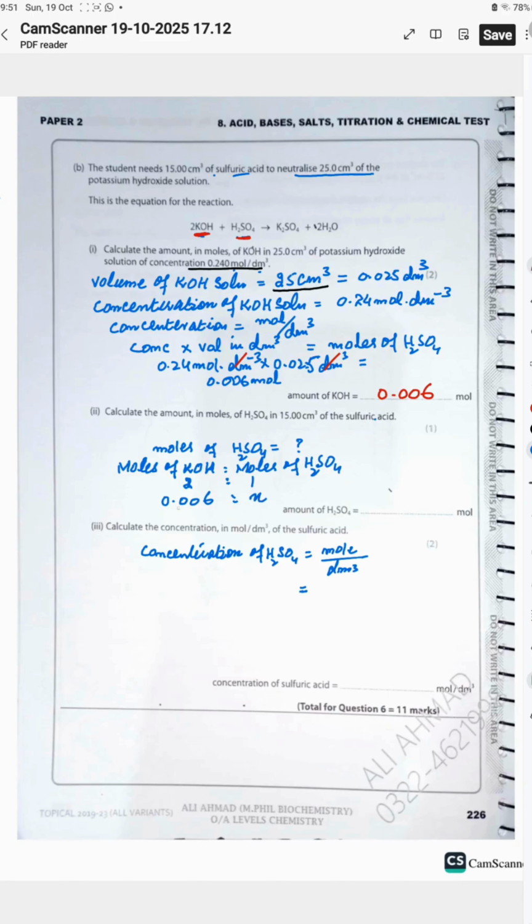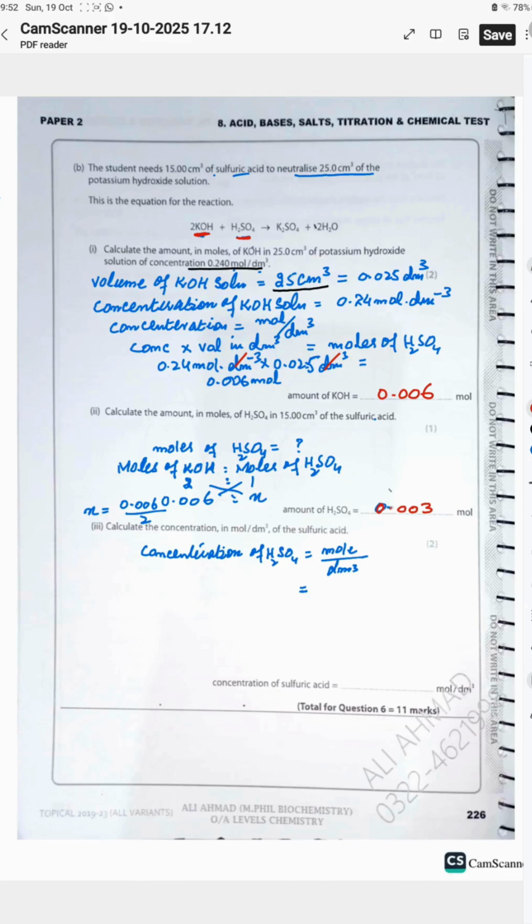It would be half the moles of 0.006. That is, if you cross multiply, you will get the answer 0.006 divided by 2. Your answer will be 0.003 moles of sulfuric acid.